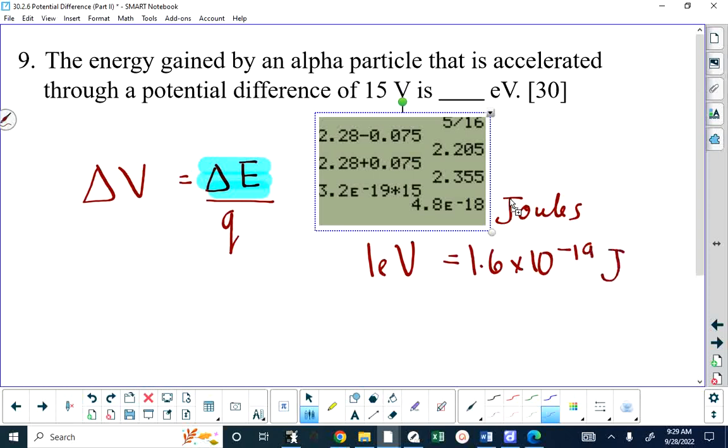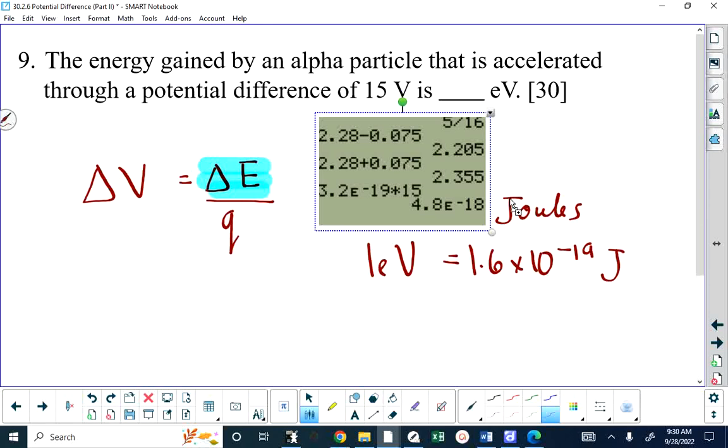I asked yesterday the question I'm about to ask now, and only 2 or 3 of you kind of nodded your head yesterday when I asked this. How many of you know what to do with this number of joules to get the number of electron volts? So more people are nodding now. It's becoming more obvious that you would divide this by this number.